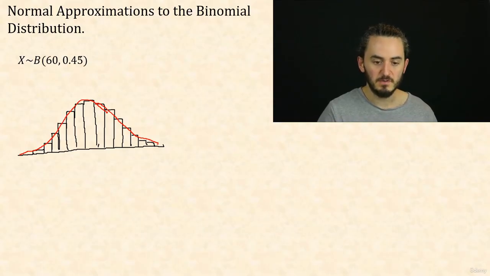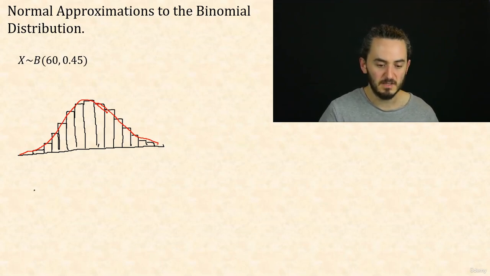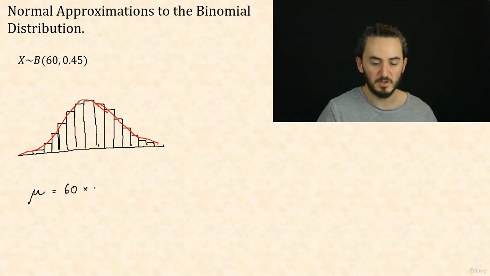Okay, so what is the mean for this binomial distribution? It's actually quite intuitive, because the mean of a binomial is just the most likely outcome, the expected outcome. If you've got 60 trials and a probability of success of 0.45 or 45%, you'd expect to succeed 45% of 60. So the mean can be found by taking your number of trials and saying you'd expect to succeed on 45% of them. You don't always, but you'd expect to.